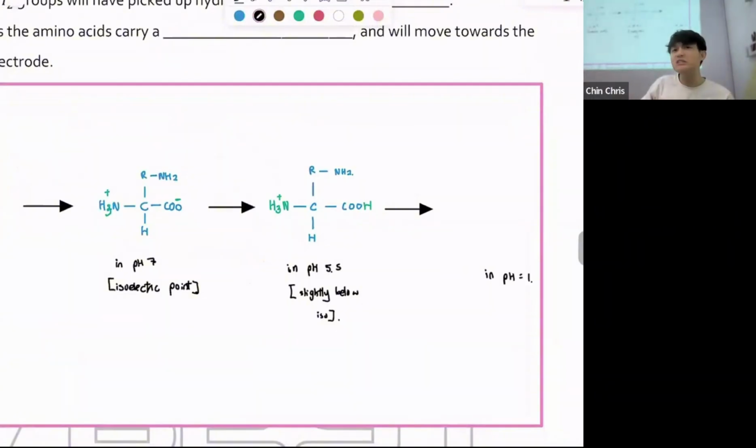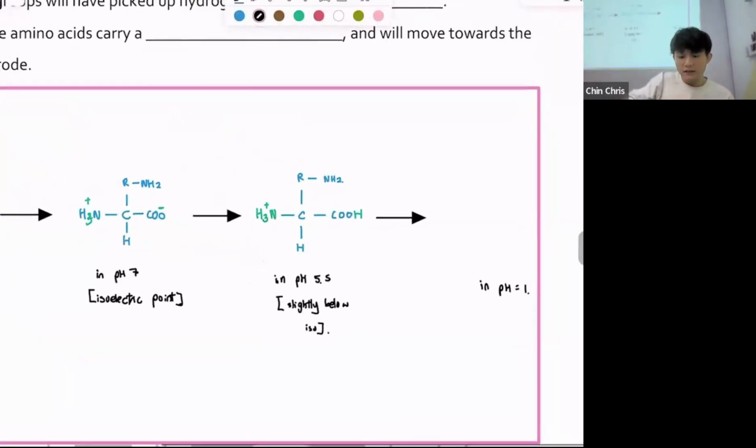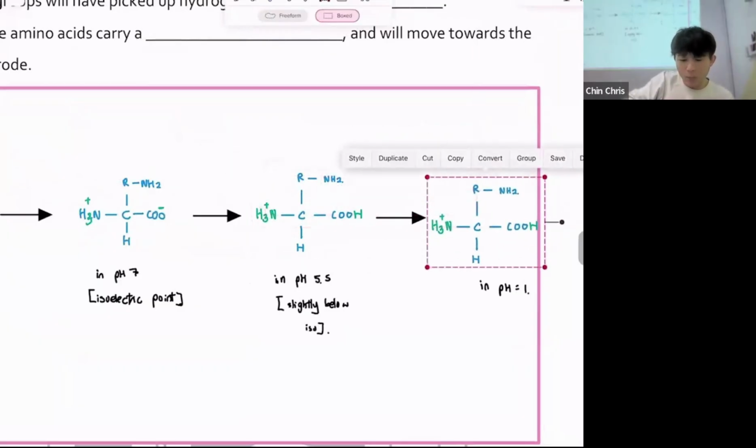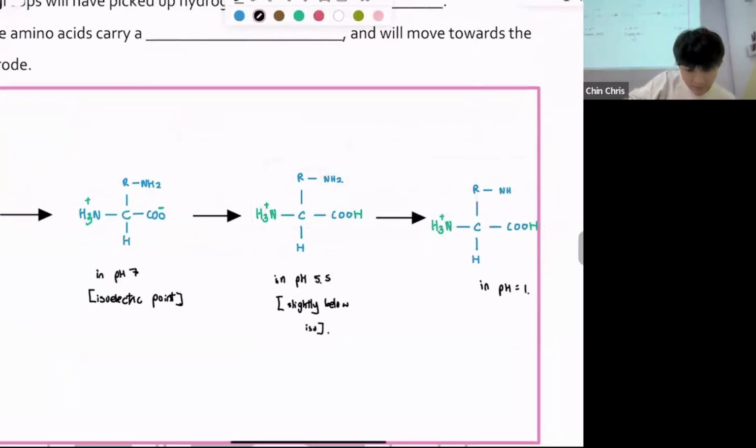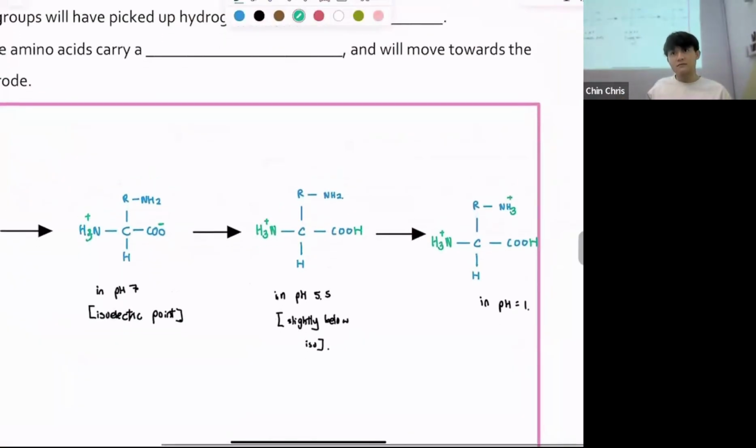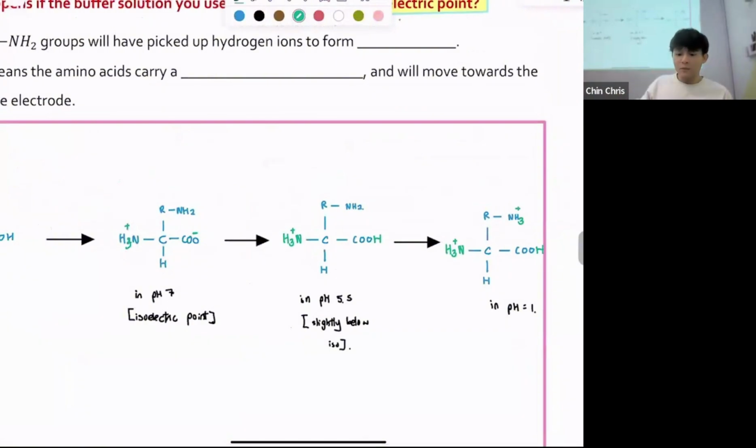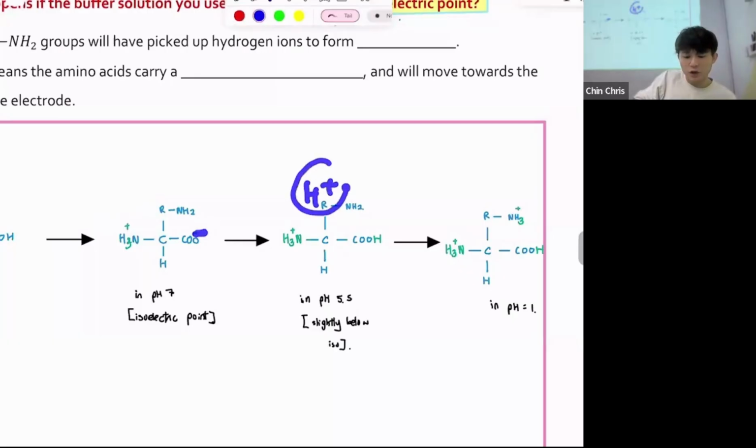Means you have a lot of H plus, right? So your NH2 on top also picks up H, forming NH3 plus. Understand? Because H plus will always be attracted to a negative. Then this is just a lone pair, so the charge density of a lone pair is not as high compared to a COO minus.